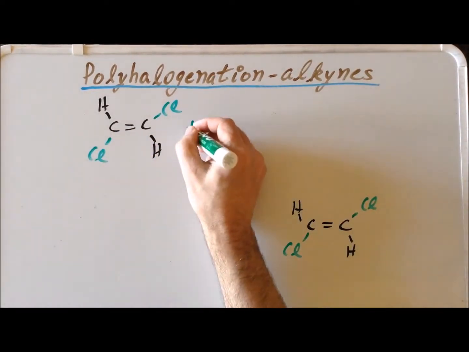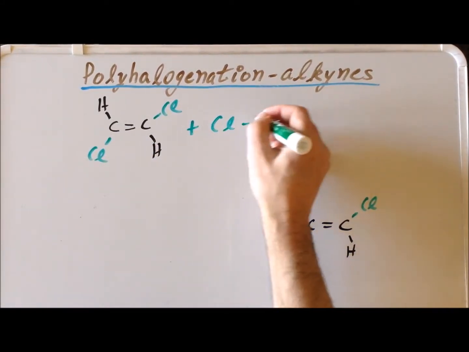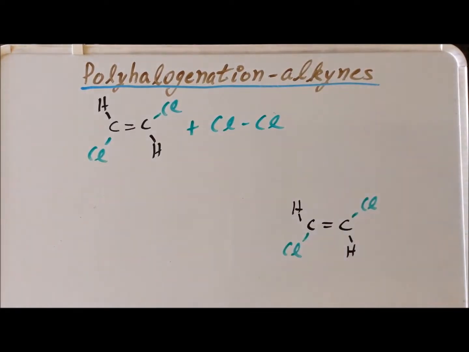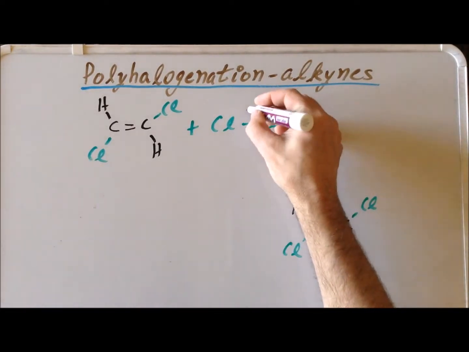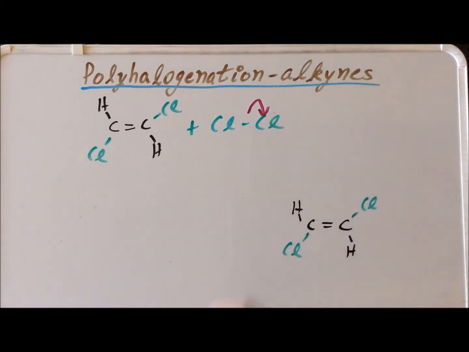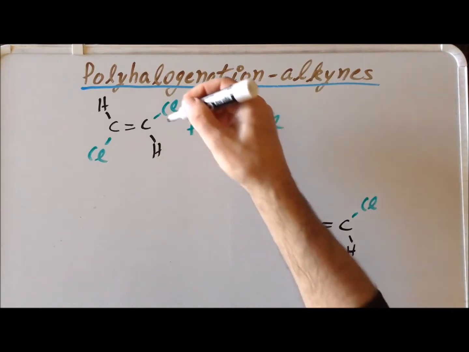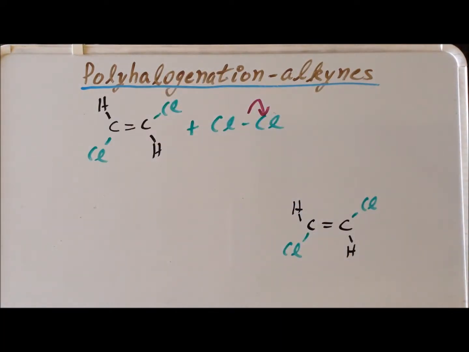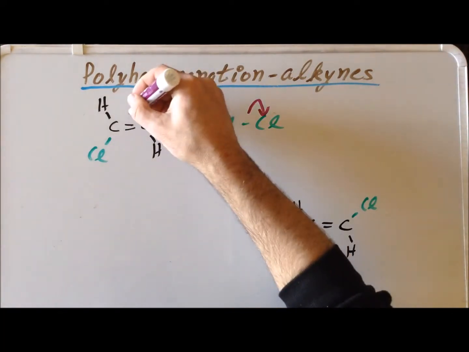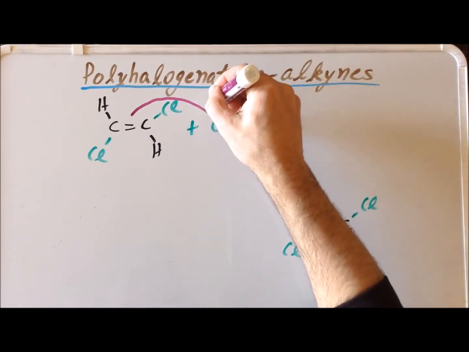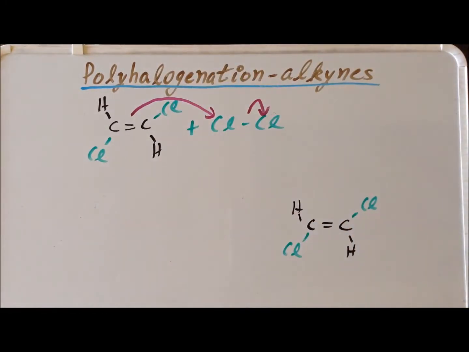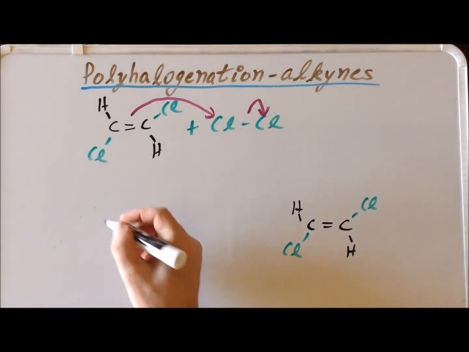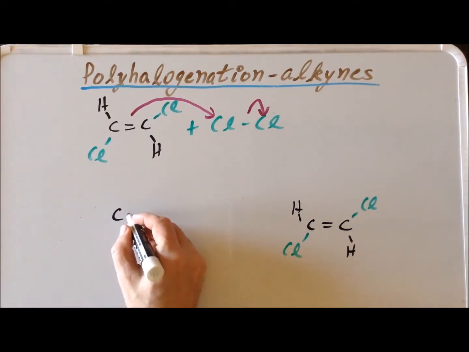We should already suspect what's going to happen from what we know about the halogenation of alkenes, that we have a heterolytic bond cleavage. The carbon-carbon double bond is electron rich. So we have flow of electrons from there to the positively charged chlorine, and we end up with the double bond being reduced down to a single bond.